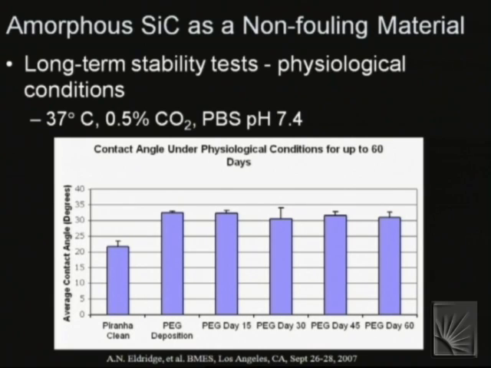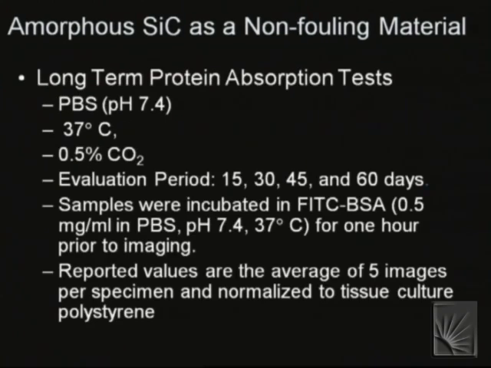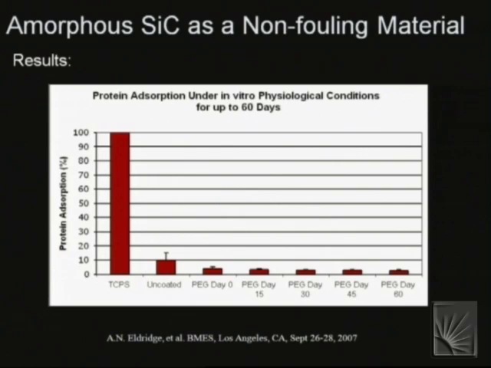We looked at contact angle under physiological conditions, that would be under PBS solutions under these temperature and gaseous conditions, and we see that it remained relatively stable for a 60-day period. And we looked at protein adsorption under the conditions shown here for, I believe, a 60-day period. We compared that to an uncoated silicon carbide sample.